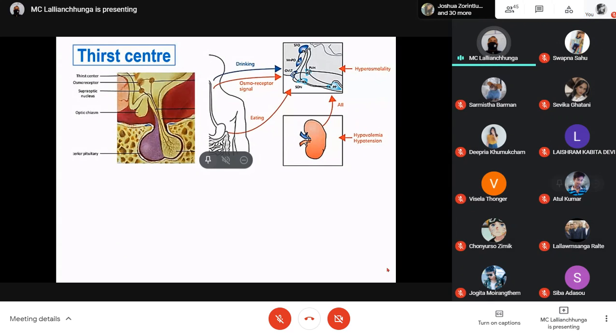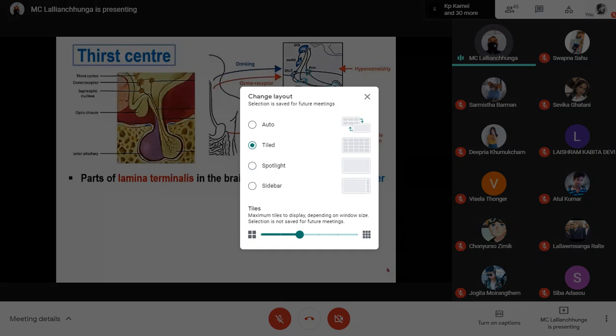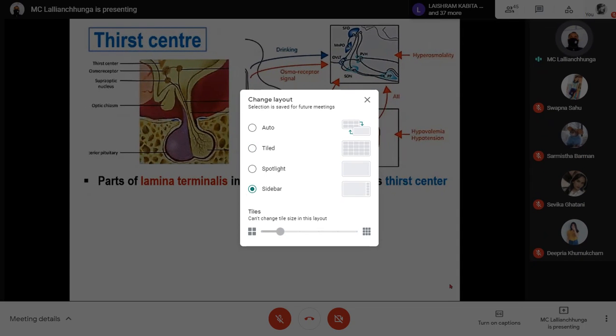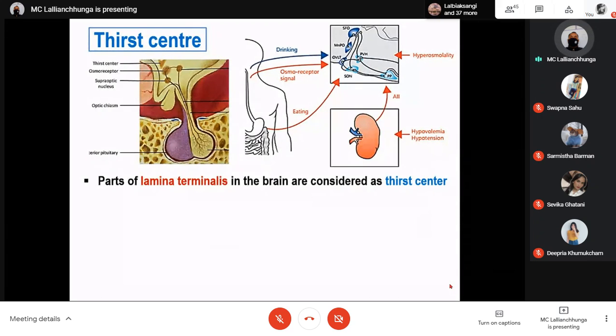Okay, so the thirst center is located in the hypothalamus. I've already told you regarding osmoreceptors, we have talked about it also. This thirst center is located in the anterior part of the hypothalamus. And in that area there is lamina terminalis.